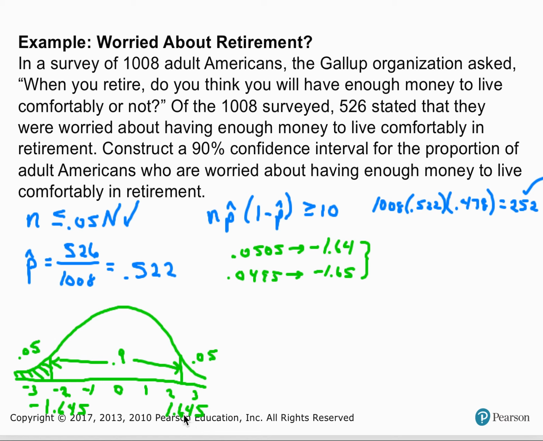Okay, so now I'm going to plug into our formula. This time, our parameter is p hat plus or minus z sub alpha over 2. Our margin of error is represented a little bit differently.